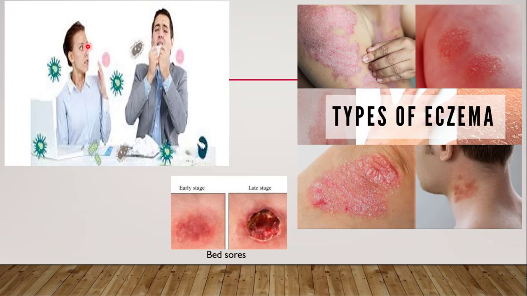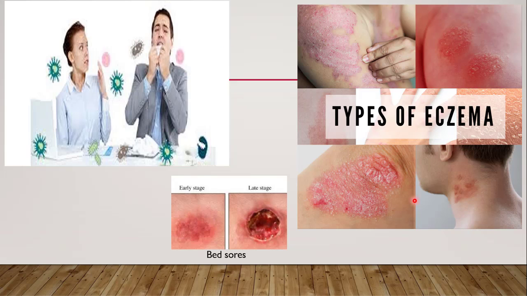As you can see in the image, since this person is sneezing, that lady is protecting herself from all these bacteria and viruses, because they can spread from this man to this woman, or get transmitted between these persons. So this is called cross infection.